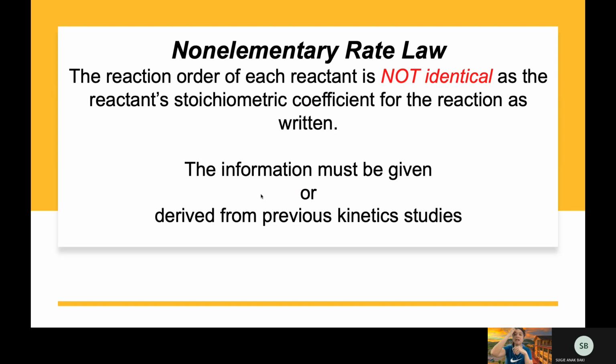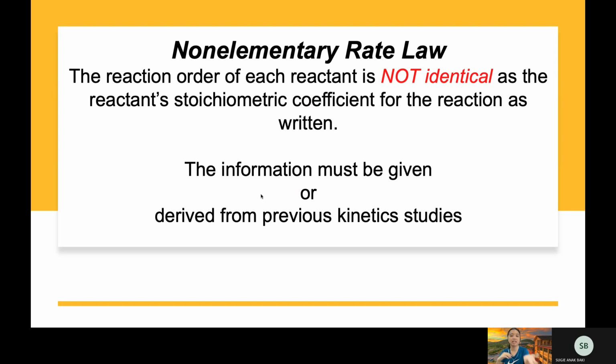So let's say katakan kalau dalam test, dalam exam, dalam literature, okay, if they mention it is non-elementary rate law, or it says it does not follows elementary rate law, hence kita dah tak boleh tengok dah persamaan kimia. We can no longer deduce from the chemical equation for the reaction order.